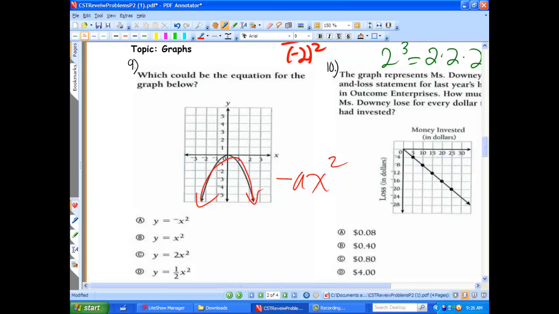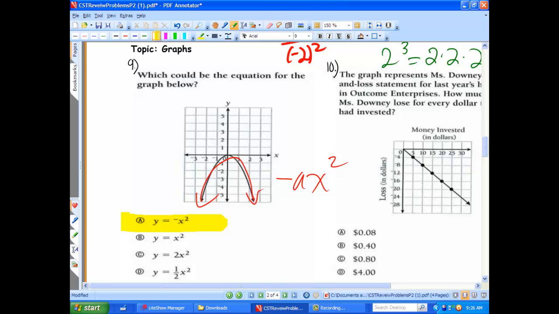Usually we have a to represent the number in front of x squared, our coefficient. If we have a negative value in front, in this case negative 1, our only answer choice is A. If you had a smiley face, or a U-shaped curve, with positive values, the number in front will show how quickly you're growing.